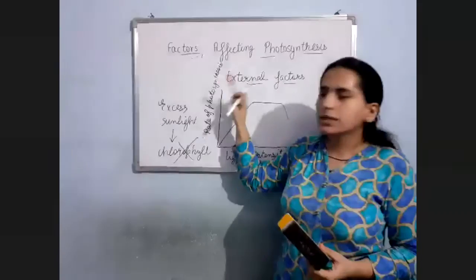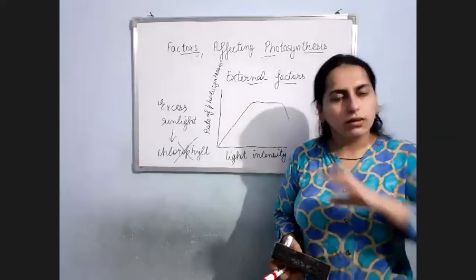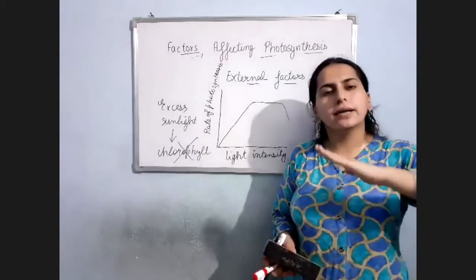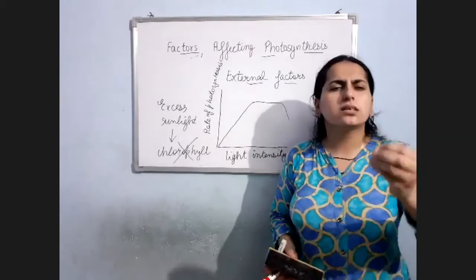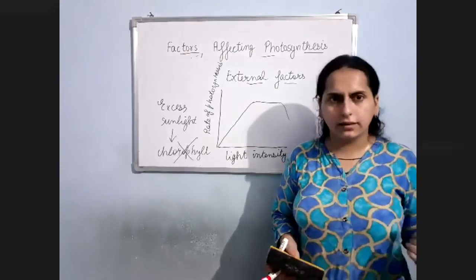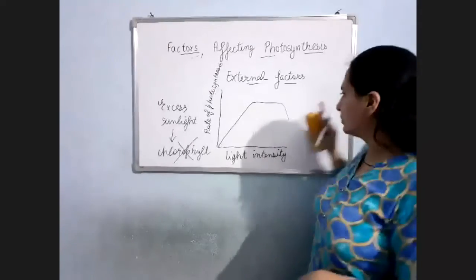If full sunlight is there, the plant will get saturate only at 10% level. After that, if the sunlight will keep on increasing, doesn't matter. The plants are not going to take that sunlight. Am I clear with this first factor, light intensity?